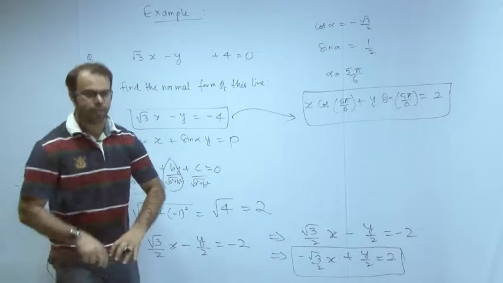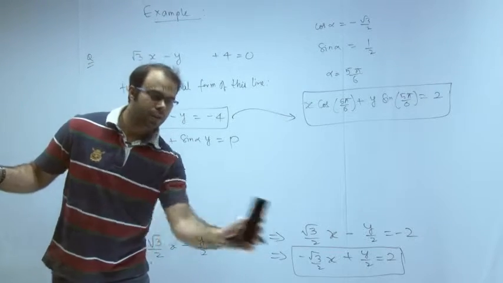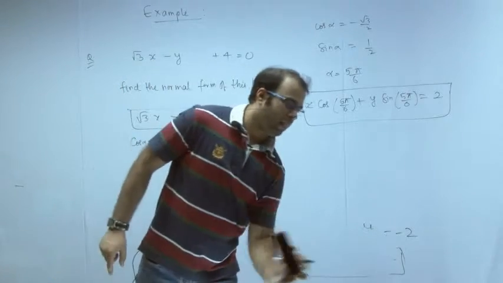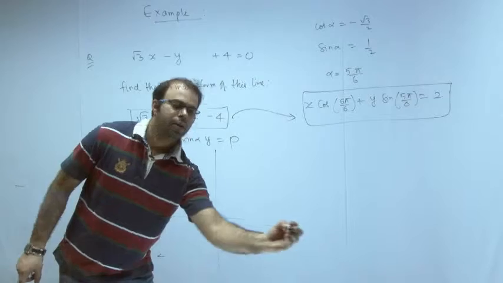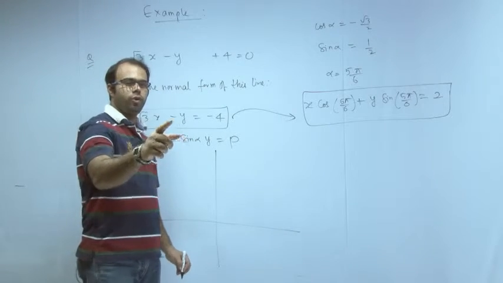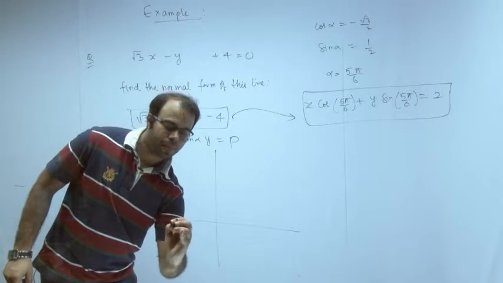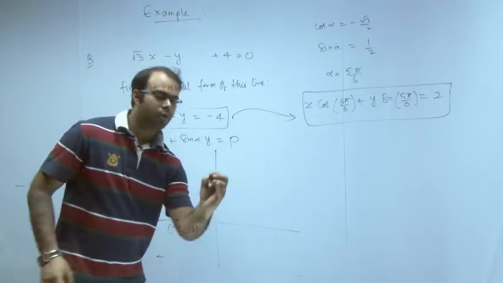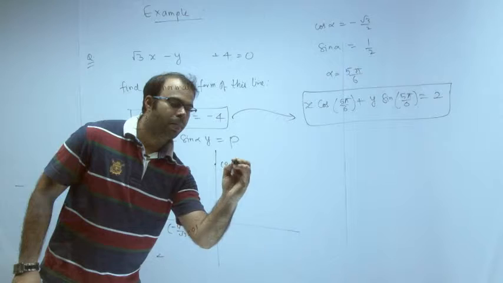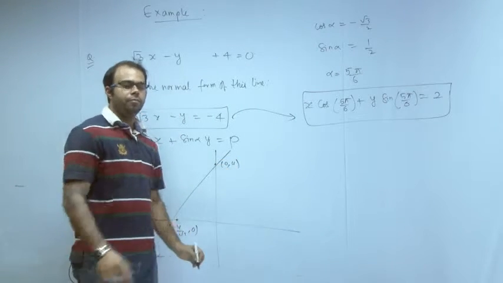Let's draw a figure. That figure is of this line. It is intersecting y equal to 0 at x equal to minus 4 by root 3 and x equal to 0 at y equal to 4. This is the line.